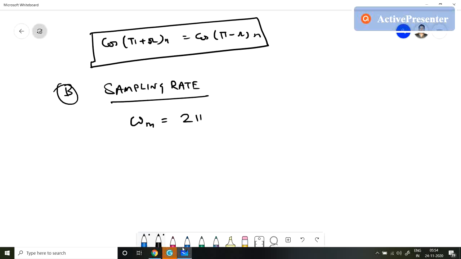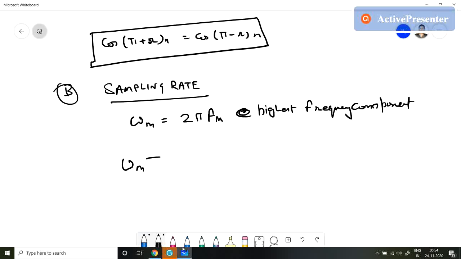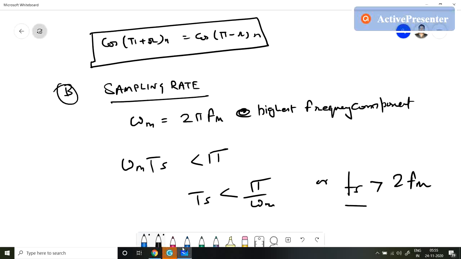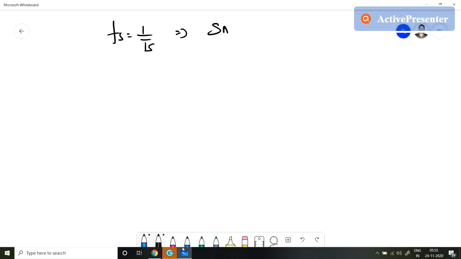If ωm equal to 2πfm is the highest frequency component of the continuous time signal, then ωm Ts should be less than π, or Ts should be less than π divided by ωm. That is, Fs is greater than 2fm. Fs equal to 1 divided by Ts is called the sampling rate.